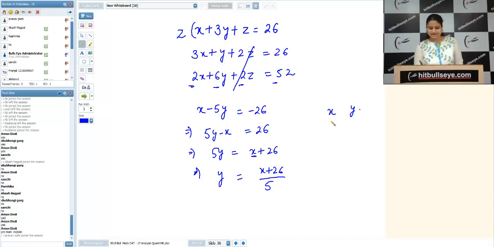If I take x as 4, of course we will take positive values, I'll get 30 by 5, so y comes out to be 6. We can take 9 as well here. If I take 9, it will be 35, and in that case I'll get 7. By taking all these values, we can calculate z's values. We will take various combinations. Only one case will be permissible, that is the first one.